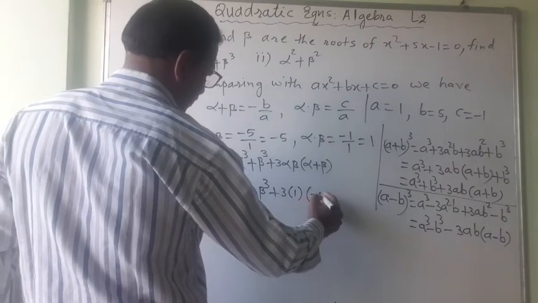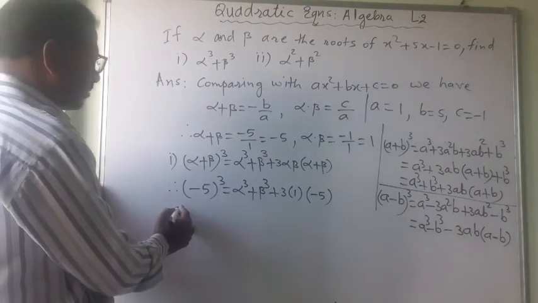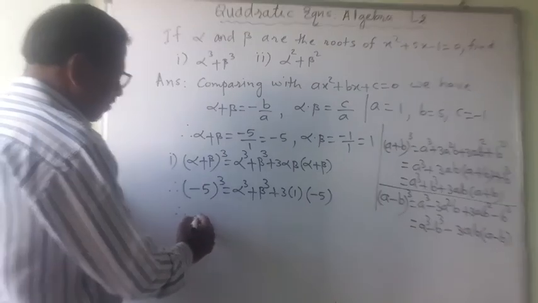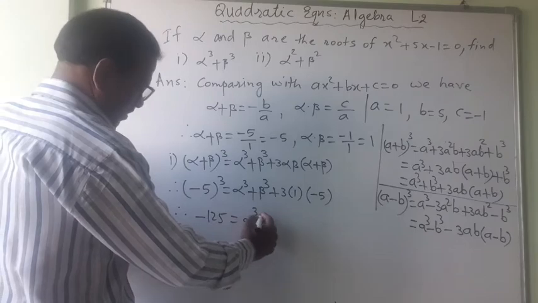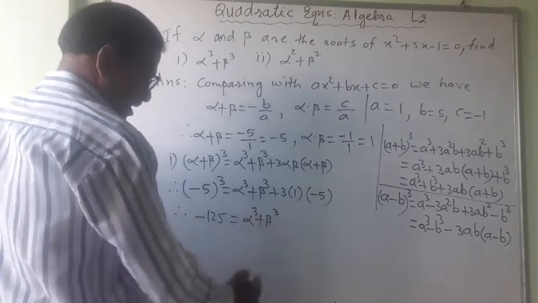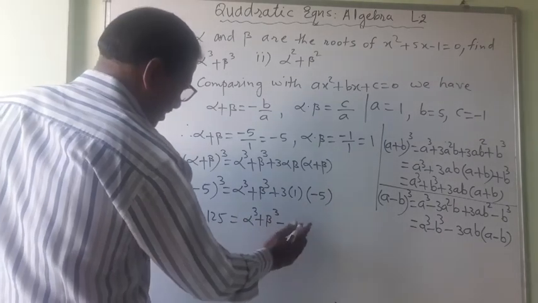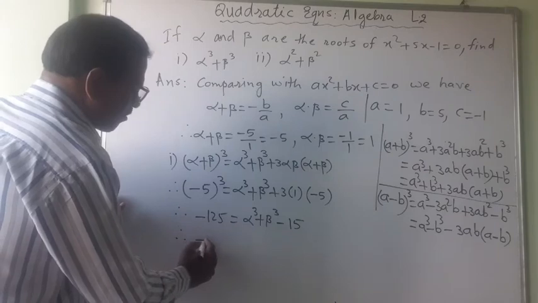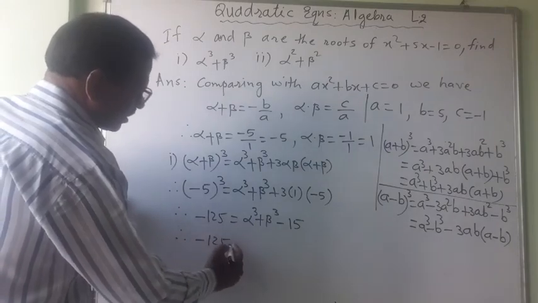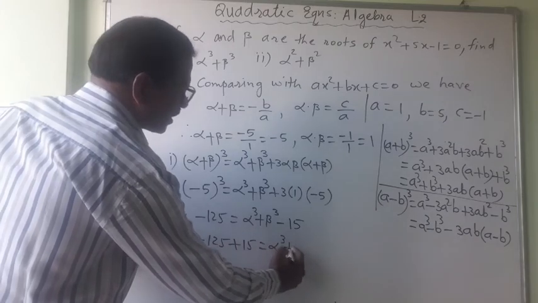So minus 5. This will become minus 125 is equal to alpha cube plus beta cube. And this is minus 3 into 5, minus 15. Bring this here. Therefore, minus 125, this will be plus 15 is equal to alpha cube plus beta cube.